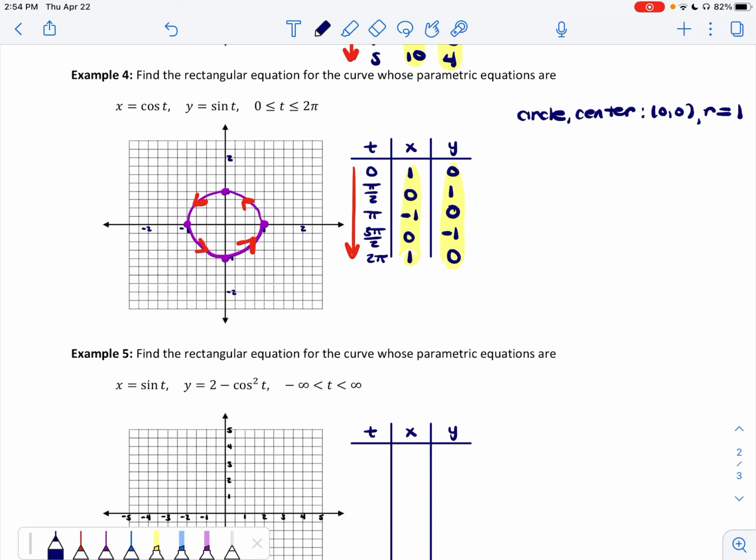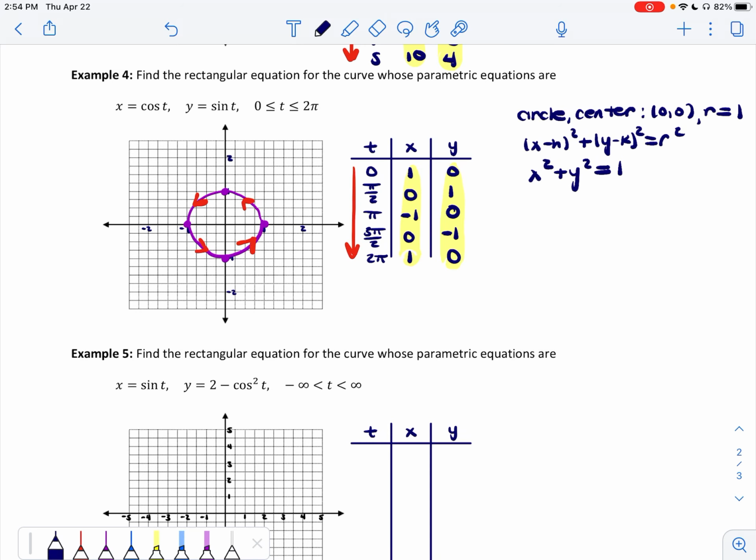So if we think about finding the equation of a circle, in general it is x minus h quantity squared plus y minus k quantity squared is equal to r squared. Plugging in our specific numbers, we would get x squared plus y squared is equal to 1.